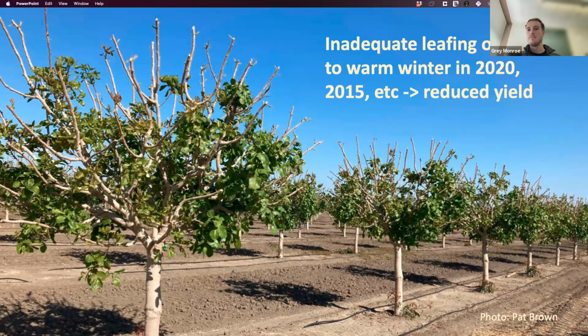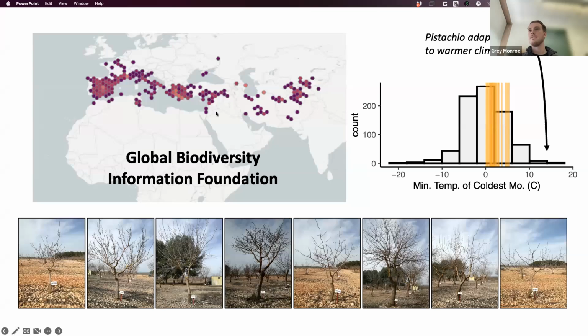So that's the bad news, but I'm optimistic that there may be some solutions going forward. Here's an image of pistachio collections. These are just points from something called the Global Biodiversity Information Facility. This is the region of the world where pistachio is native.